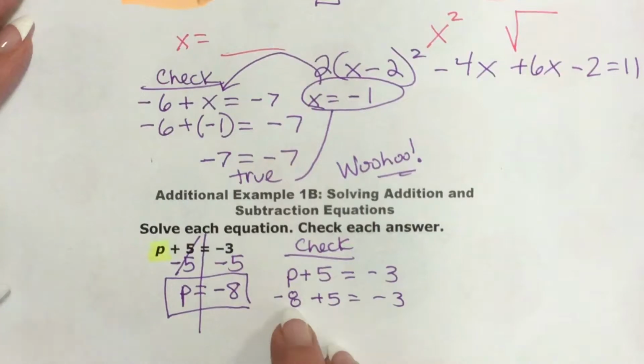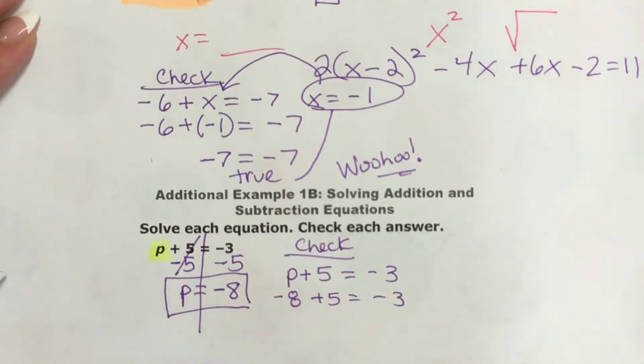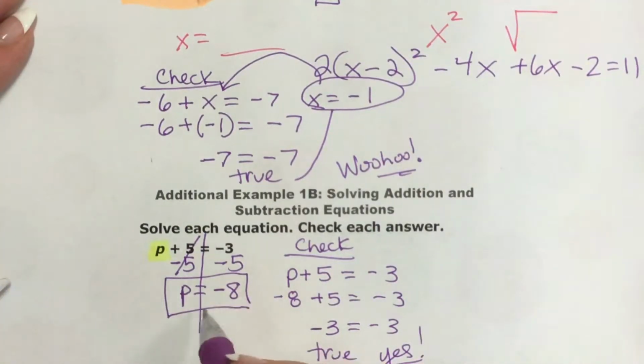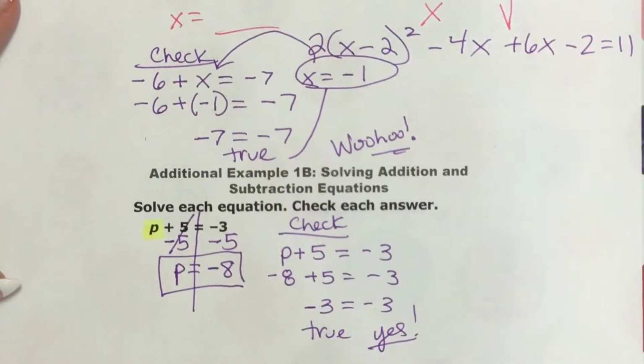The signs are different. We take the difference, and the difference between 8 and 5 is 3. And then we look at what number's bigger, 8 or 5. 8 is bigger, 8 is negative, so it ends up being a -3 equals -3, which is a true statement. So that means, yes, we did it correctly. That means that P equals -8 is the answer to this equation.